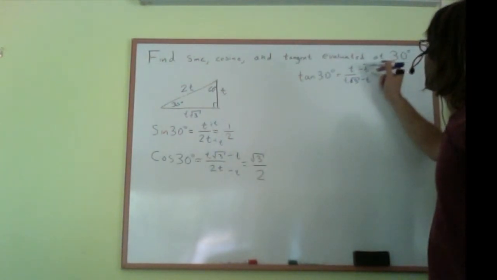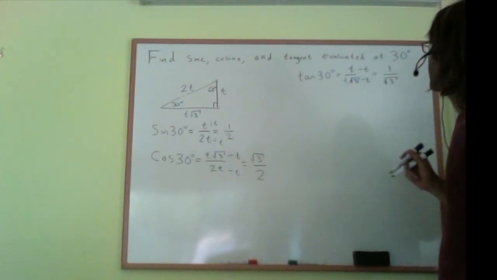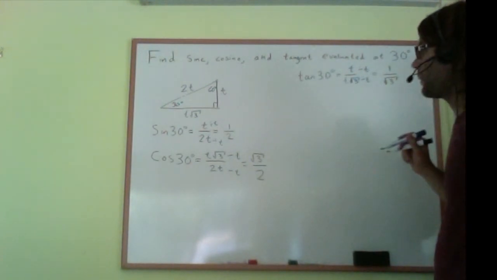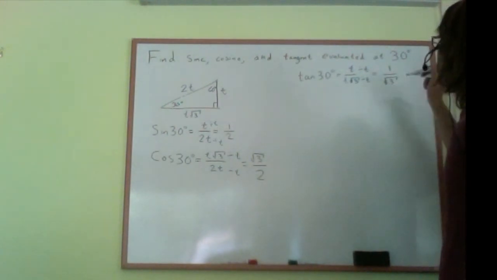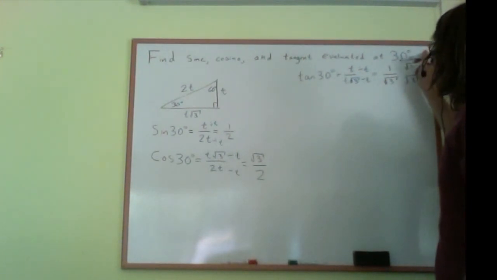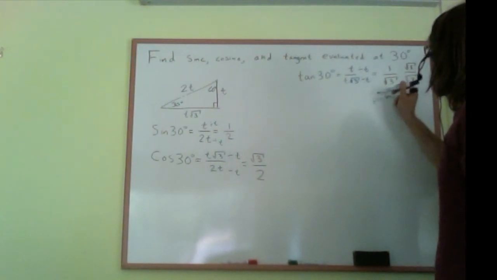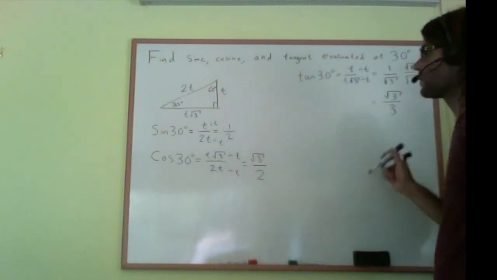And then we get 1 over root 3. And then we want to rationalize the denominator, so we multiply the top and bottom by root 3. And we end up with root 3 over 3.